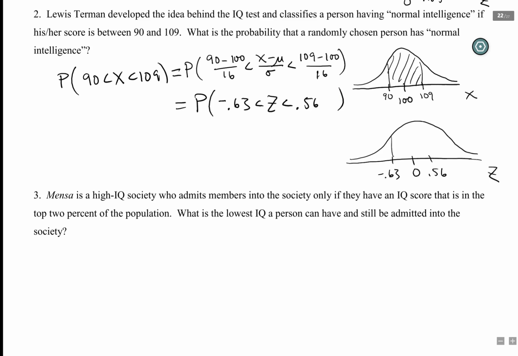I want that area under the curve. So I'm going to look at two left areas: the area under the curve to the left of 0.56 minus the area under the curve to the left of negative 0.63. What's left over is going to give me the desired area. So I need to look up two values.